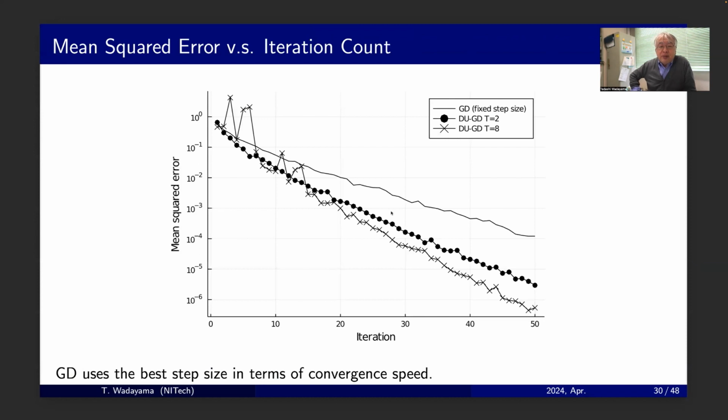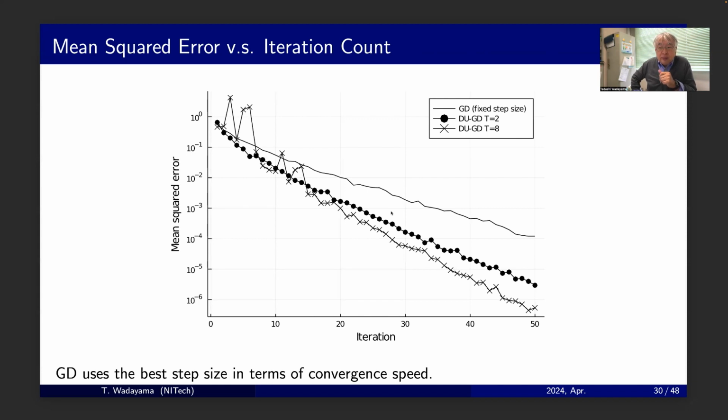Okay, let's look at the performance of gradient descent. The mean squared error is the average of squared error between the model output and the least square solution. Model output means the output of gradient descent. Least square solution means the true solution of this least square problem.